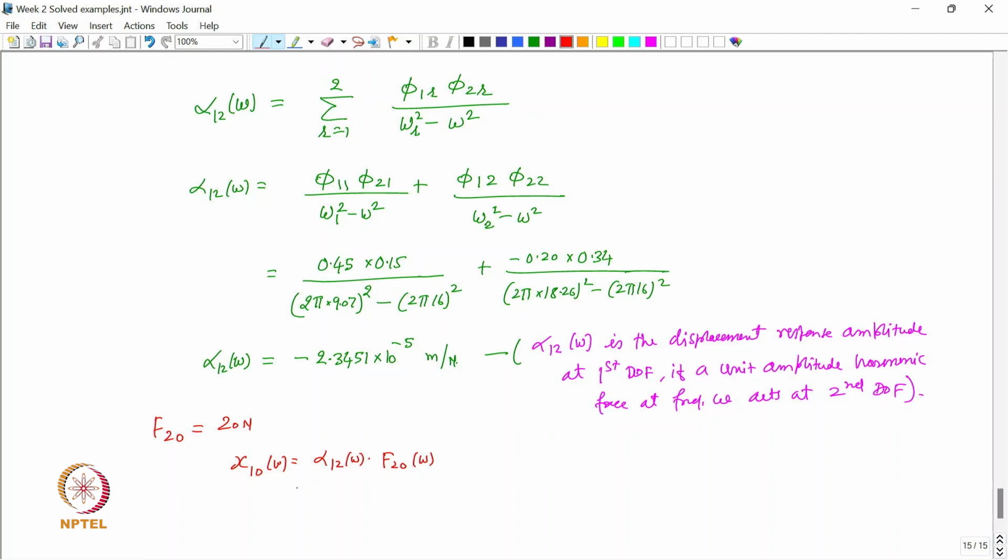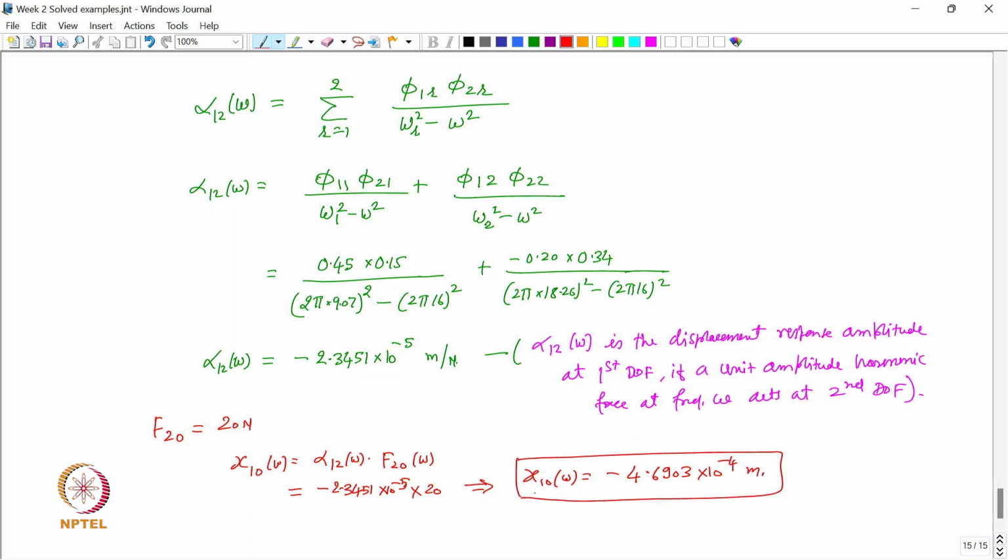Therefore now we can easily substitute these results here: 2.3451 into 10 to the power minus 5 into 20, correct. So, this gives us x1 at omega, right, and we get minus 4.6903 into 10 to the power minus 4 meters, right. This is at 2 pi 16 radian per second.